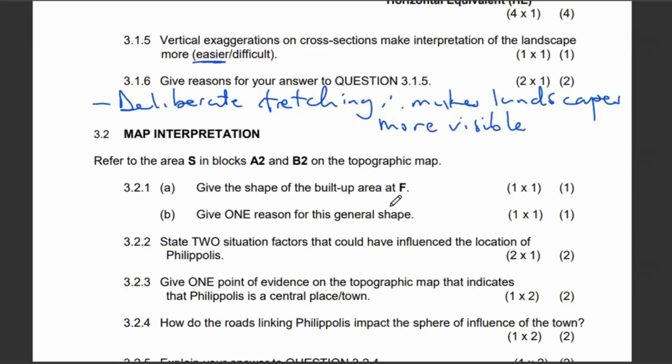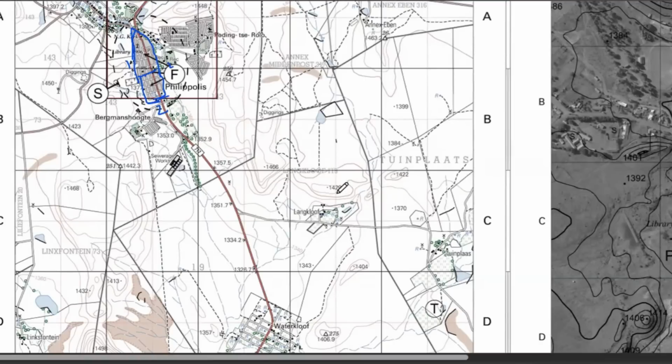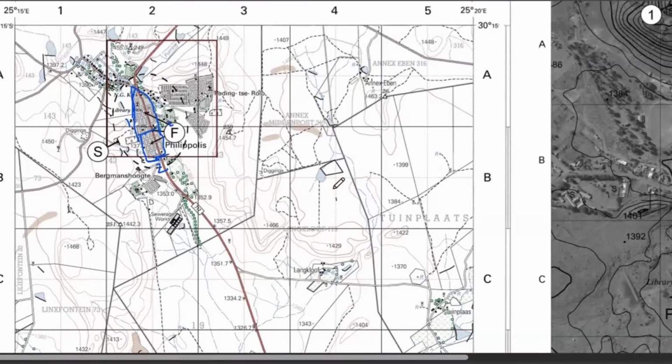One reason for this general shape, basically we have to identify the reason for the shape. If we check that particular area, why is it having that shape? Right, basically, if we check this whole built-up area, it's more or less following a linear inclination.